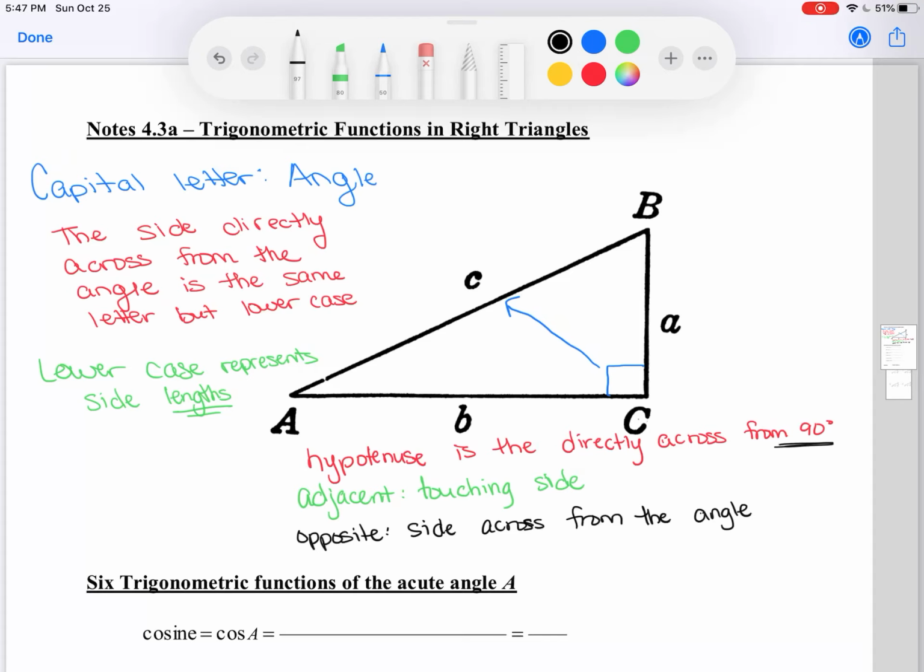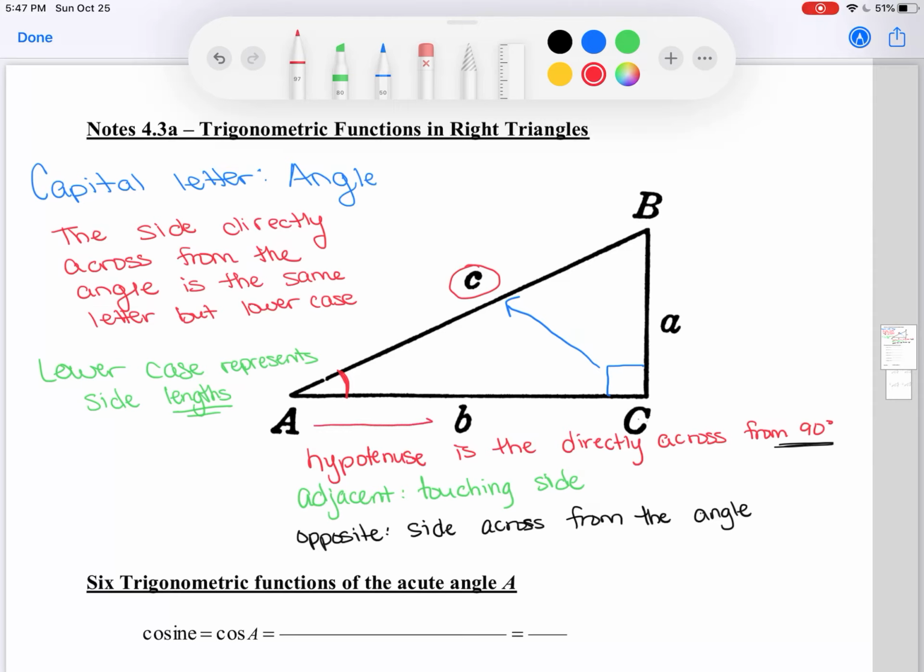So technically, if you were to take the opposite side of a 90-degree angle, you would have the opposite side. However, that specific side across from the 90 degrees is always, always, always going to be our hypotenuse. Okay? The adjacent side. Let's mark this A here, for example.